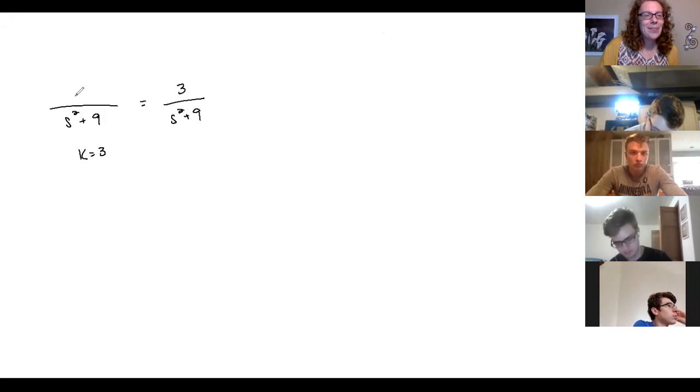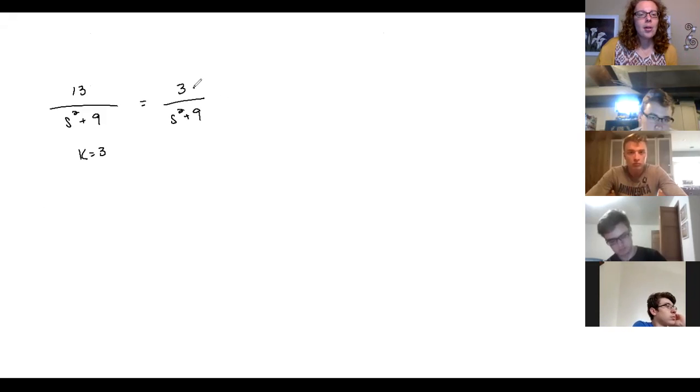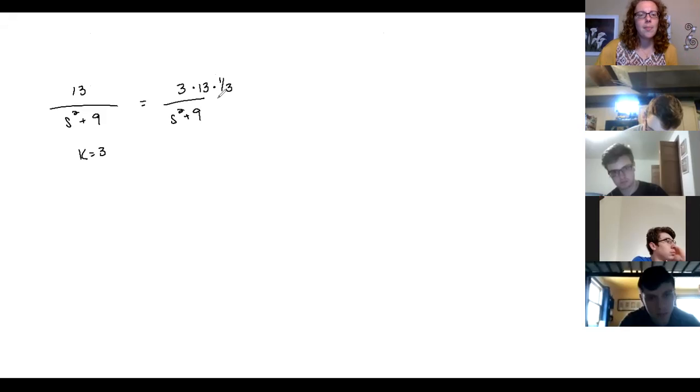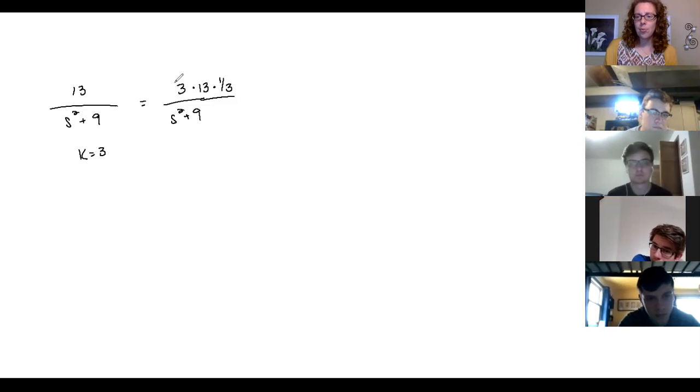Let's do 13 instead. So let's say I have 13 over s squared plus 9 instead of 15. Okay, so I have a 3, I also still had a 13, and then I need to divide by 3 because I multiplied by 3. We have a 3 that I need, a 13 that I had, and then a 1/3 that I multiplied by in order to get rid of the 3.